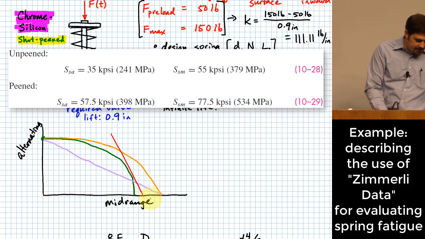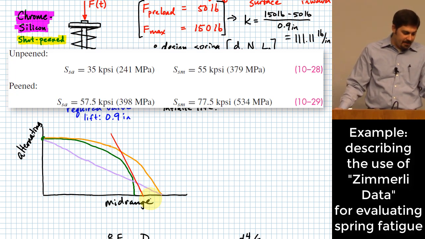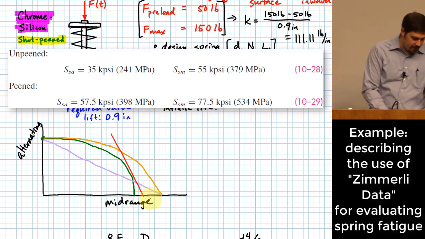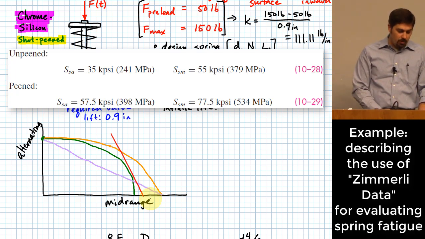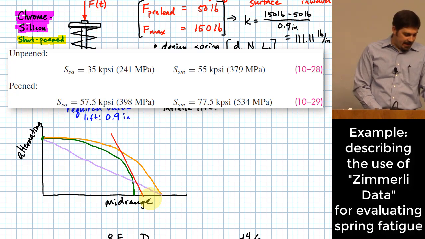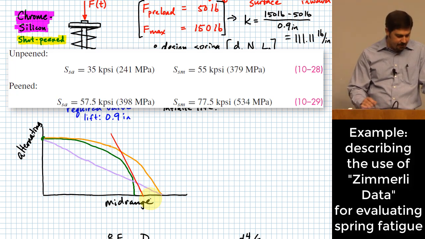Okay, and it basically says that this guy Zimmerli tested a bunch of springs and more or less found out that the alternating and mid-range components of shearing strength for unpeened springs were more or less constant. All right, and that the mid-range and alternating shearing stress for peened materials were also more or less constant. All right, but they are not set at either end of the failure criteria locus.